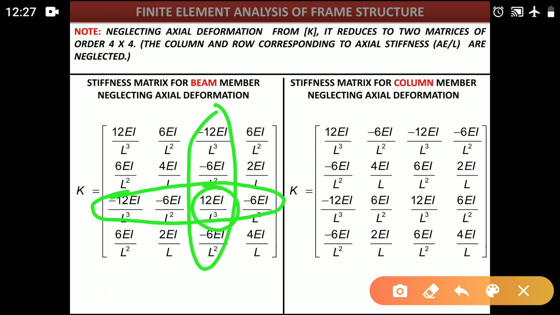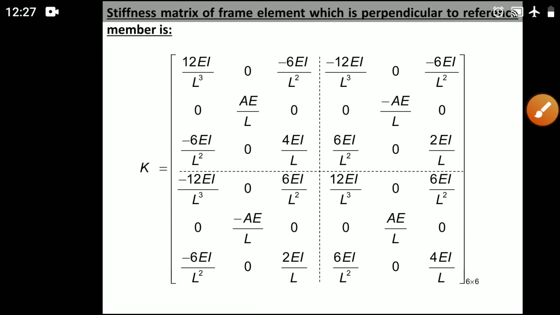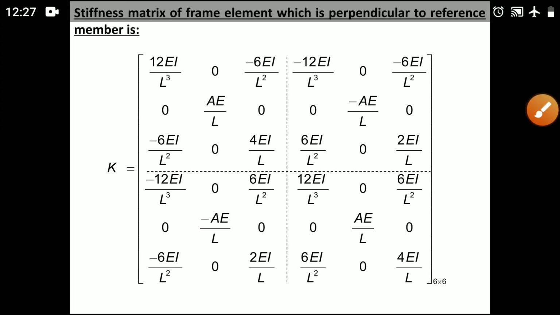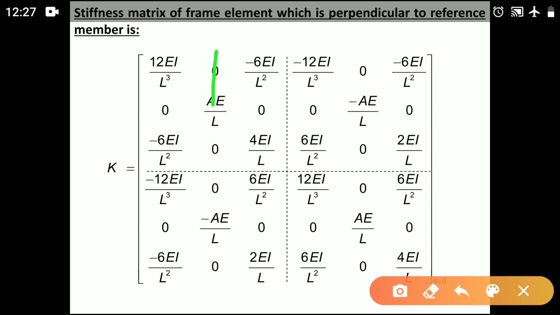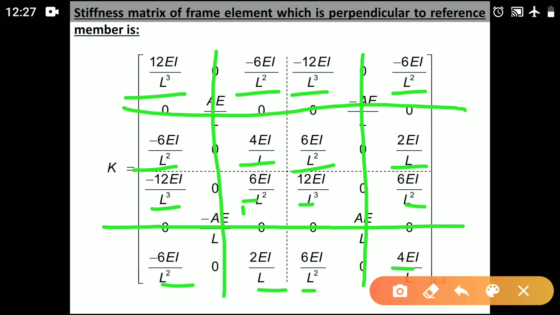Now for the column member, see this matrix K. For the column member, we are neglecting the axial displacement. So you have to delete the column and row corresponding to this AE upon L, and the remaining 4 by 4 elements remain here.